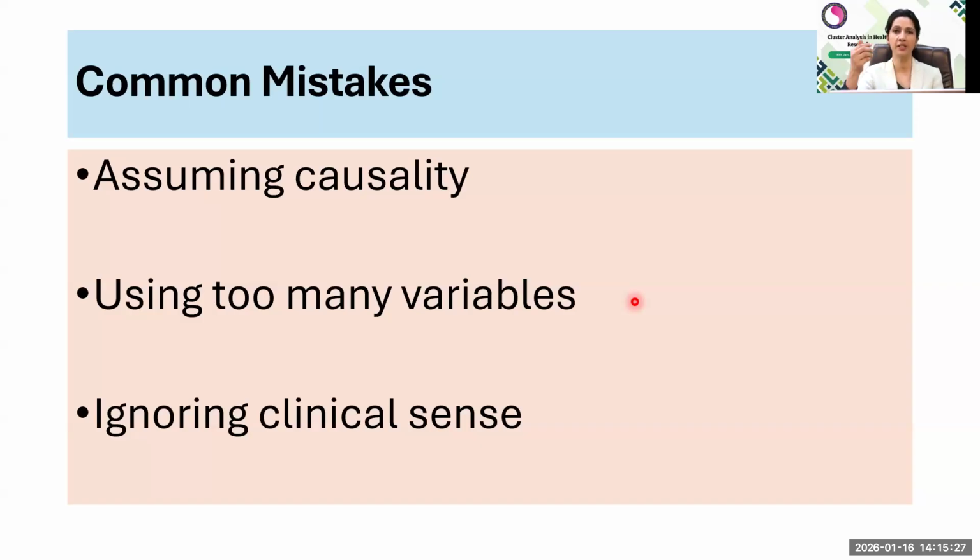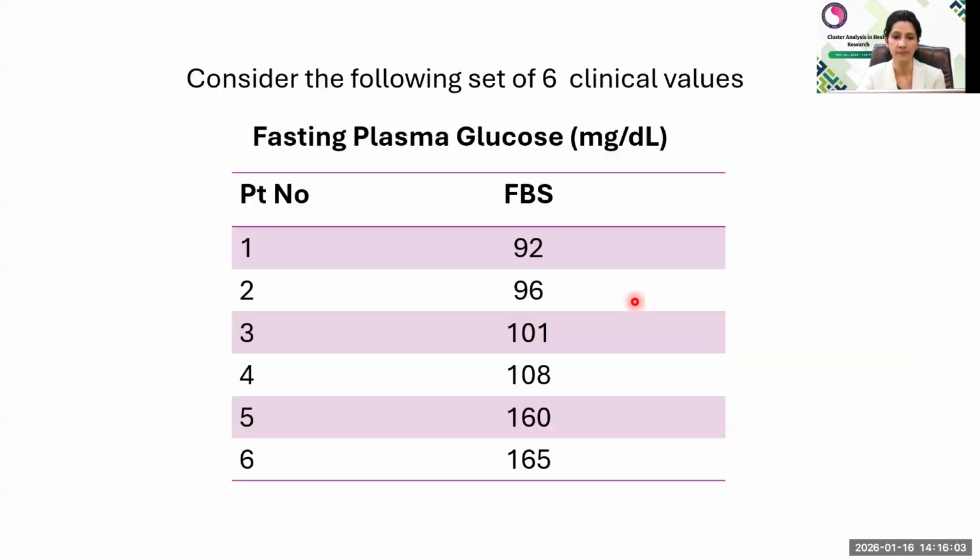That is under publication, which is why we have not shared that manuscript with you. But it was her clinical sense that these would go together, and then they performed the cluster analysis, and she was right. Whatever she was thinking, which also comes from experience, they could see in the data: for example, genes 3, 7 and 8 were all moving together. So your clinical sense is very important. You should not ignore your clinical sense.